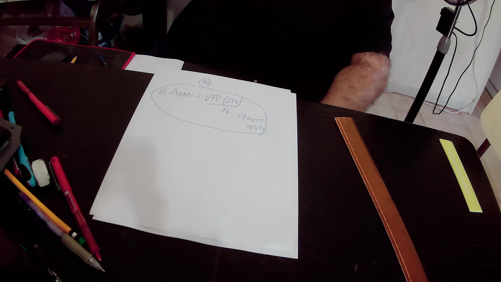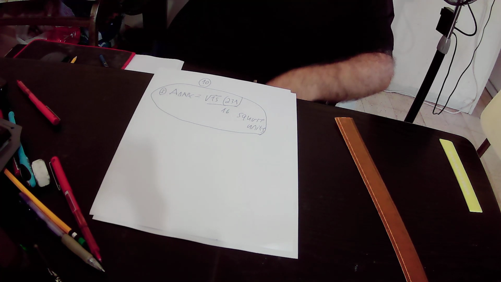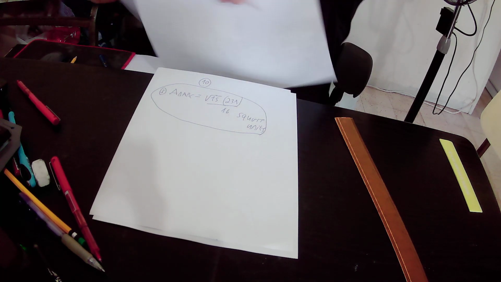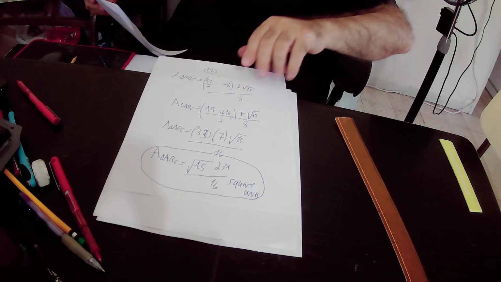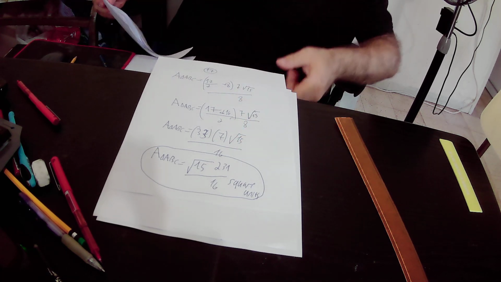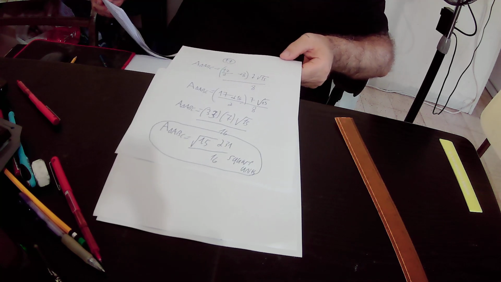Now we will check if we got the same answer in the first method. In the first method, we found that the area of triangle ABC equals root 15 times 231 over 16 square units.